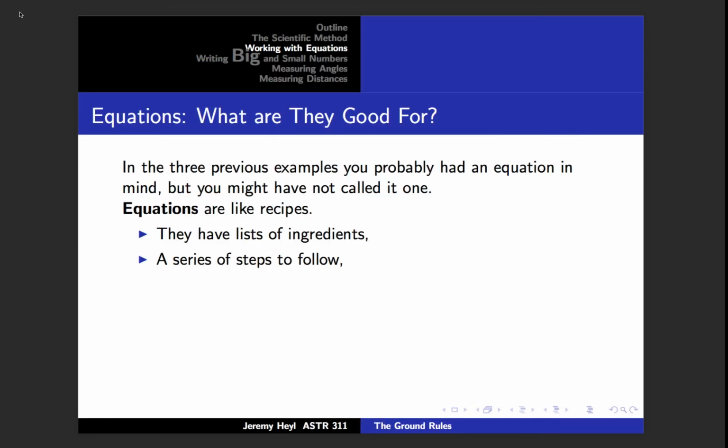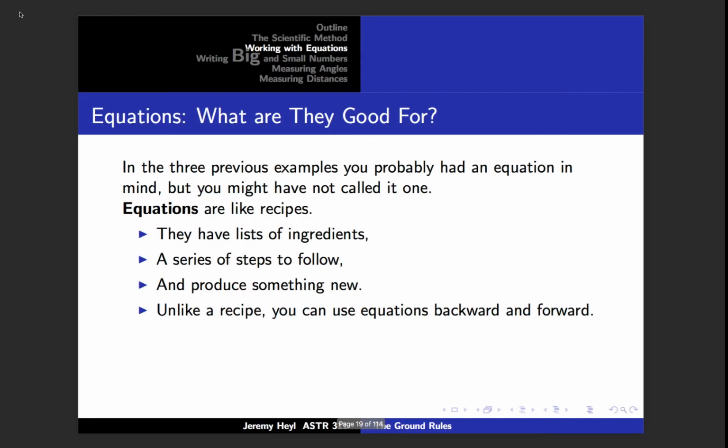And you have steps to follow. Those steps are given by the mathematical expression: this divided by that times itself. That's the steps of the recipe. And you make something new. I didn't start with it, but I make something new.